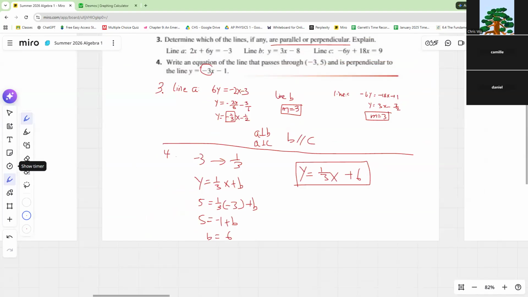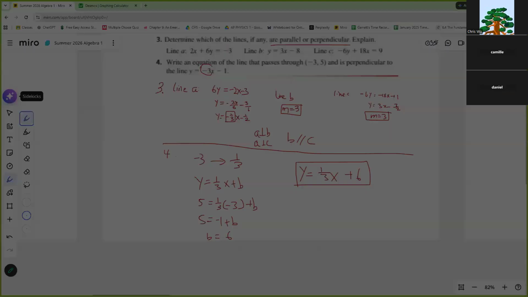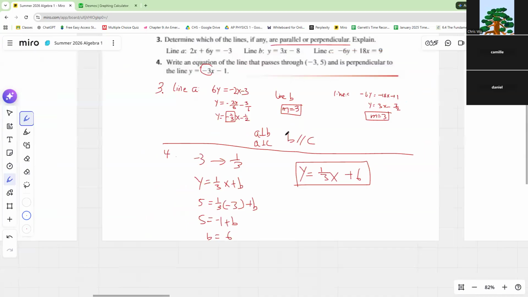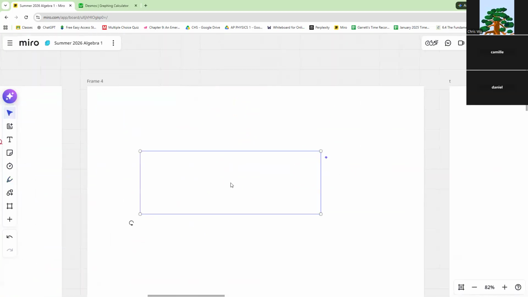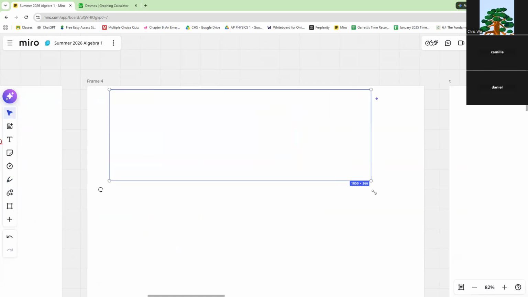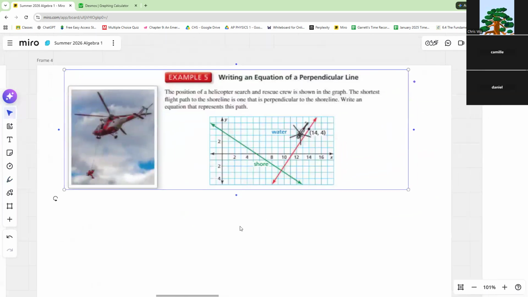All right, cool. So let's try to do a more or less work problem or application problem. So let's give it a try. Okay, so for this problem over here, we have a helicopter search and rescue crew. The shortest path to the shoreline is one that is perpendicular to the shoreline.